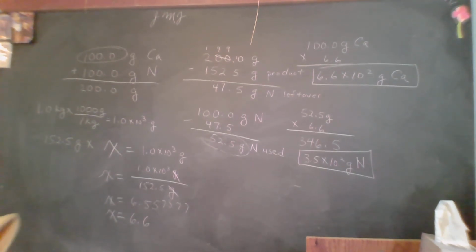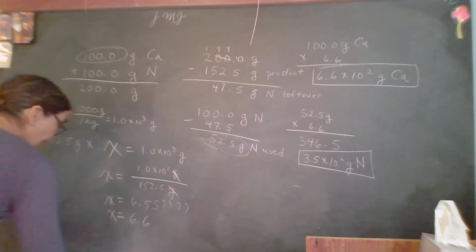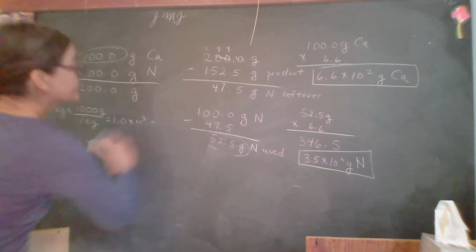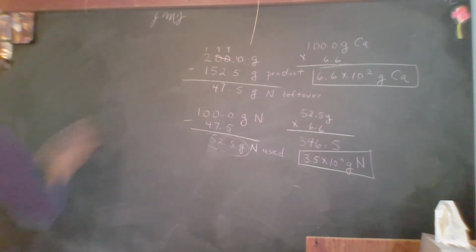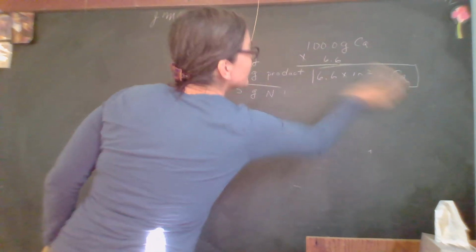Read number 6 for us. What is the chemical formula of a molecule made up of 3 carbon atoms, 6 hydrogen atoms, 2 chlorine atoms, and 1 oxygen atom? Okay, so we have to know the scientific symbols for those elements.